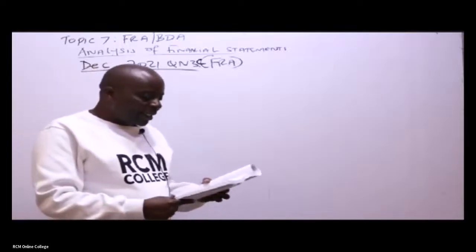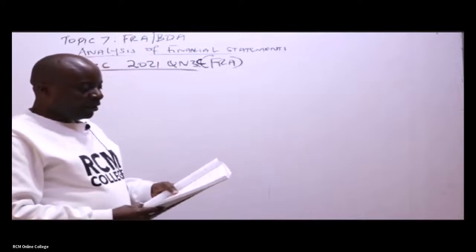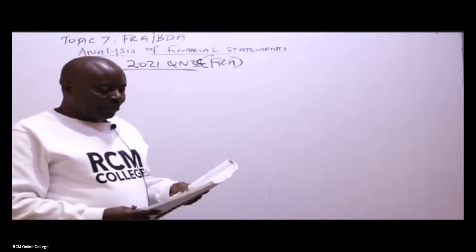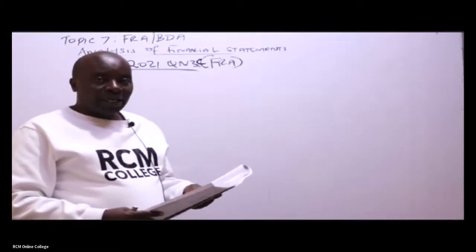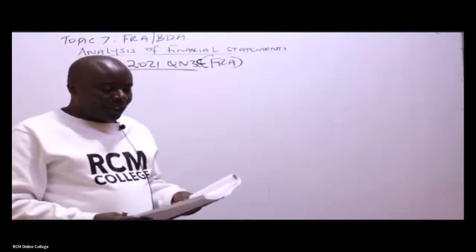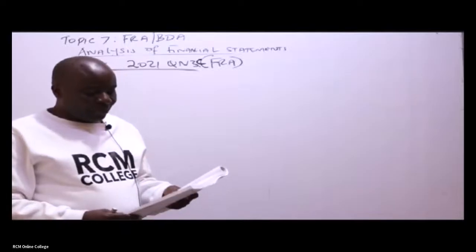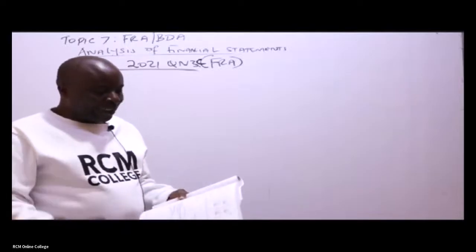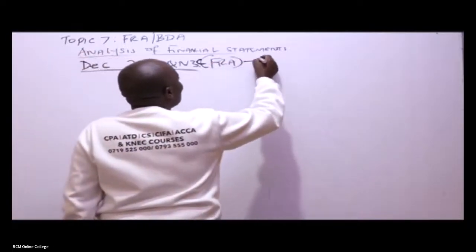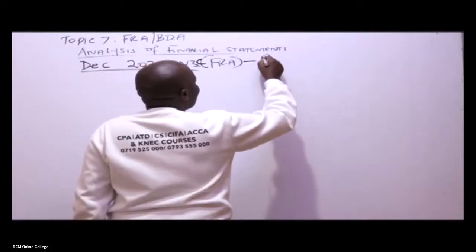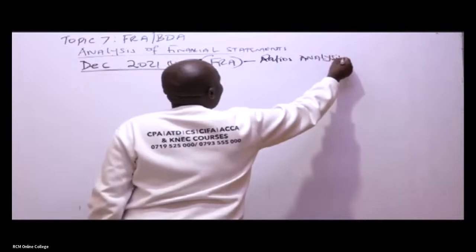Now analyze and interpret the performance and the efficiency of the company for the 2 years ended 30th April 2020 and 2021 using the gross profit margin, return on capital employed, inventory turnover ratio, trade receivables collection period, trade payables payment period. Very easy. We are using this question to teach you how to get ratios. So basically, this is now ratio analysis.